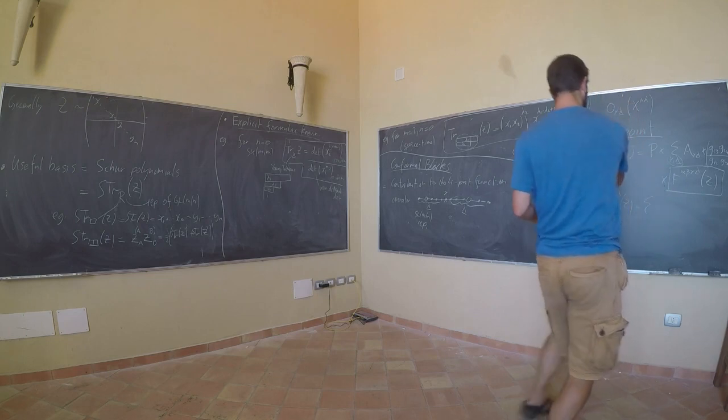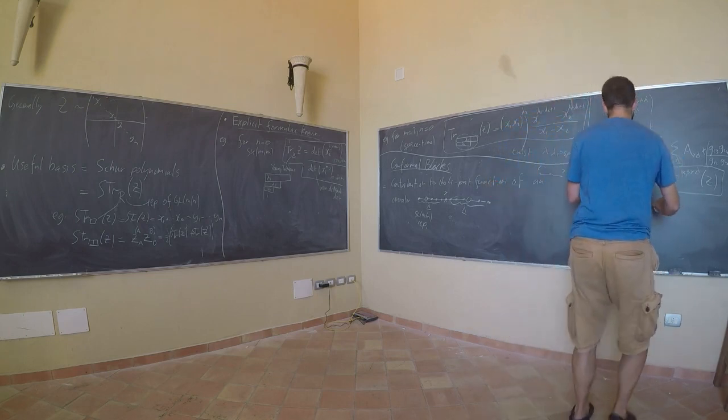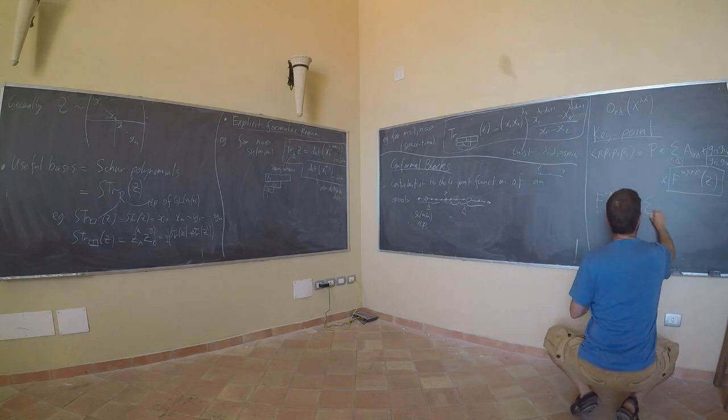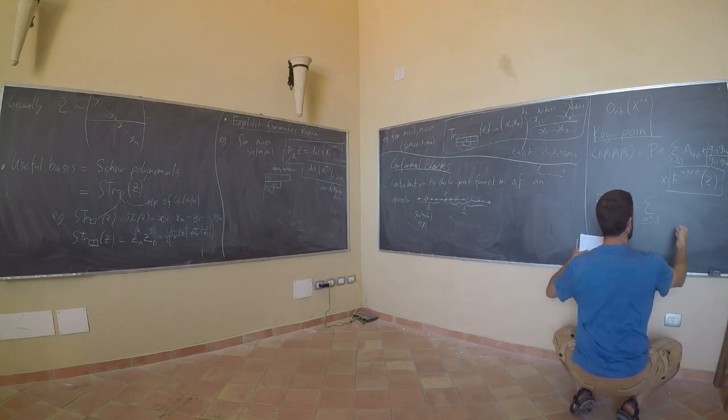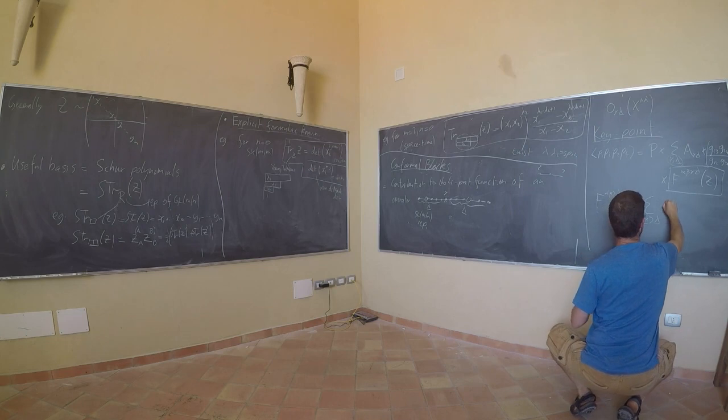So the conformal block, which is what we want to write down, is equal to the sum over mu, which contains lambda. This is a Young tableau, if you like, it contains the initial Young tableau.